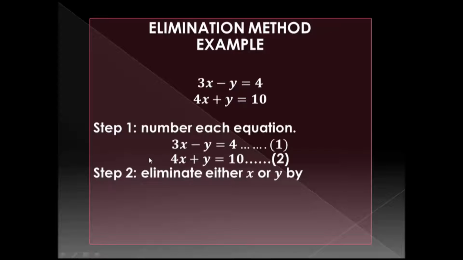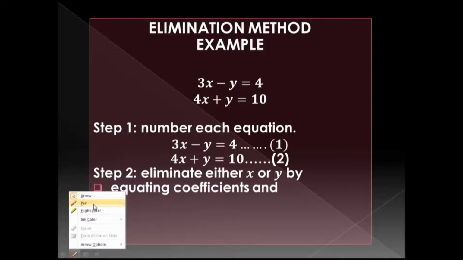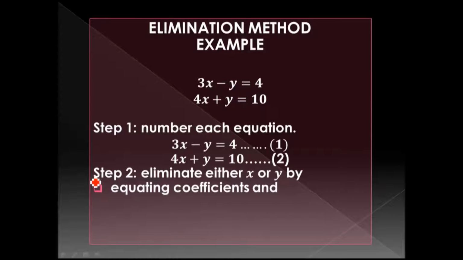The second step involved is to eliminate either x or y by equating the coefficients of the unknown to be eliminated. Before I proceed on explaining what this means, let me just conscientize you that it is at the beginning of step 2 that we start to appreciate what elimination is all about.